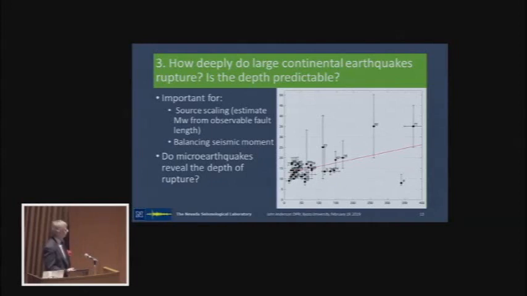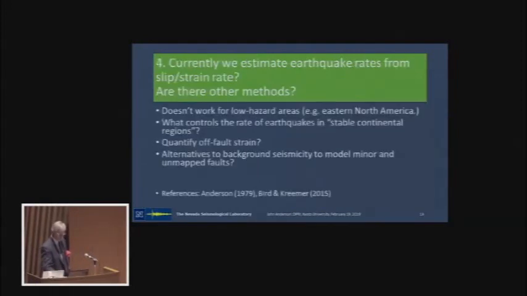The plot shows the rupture length on the horizontal axis and the depth on the vertical axis of a subset of large strike-slip earthquakes. And so you can see that there may be some depth dependence, and we don't really know what that is.